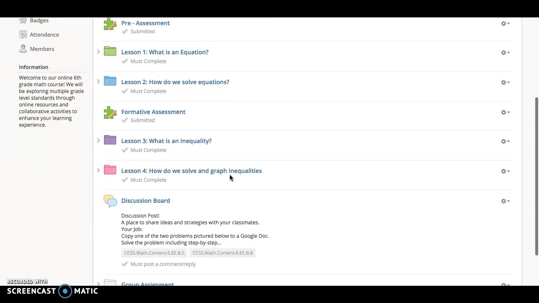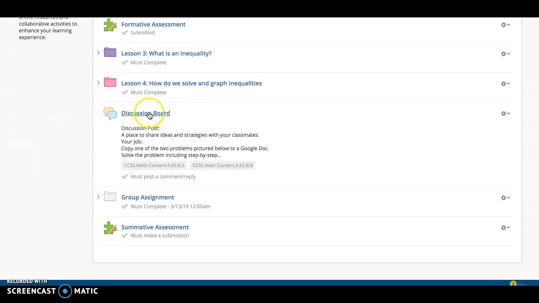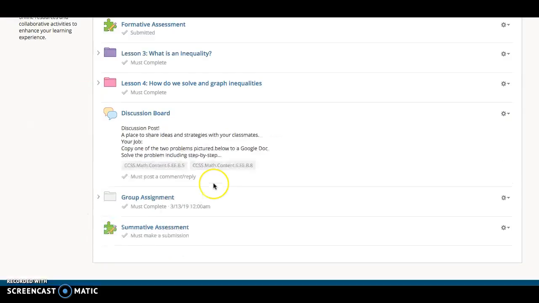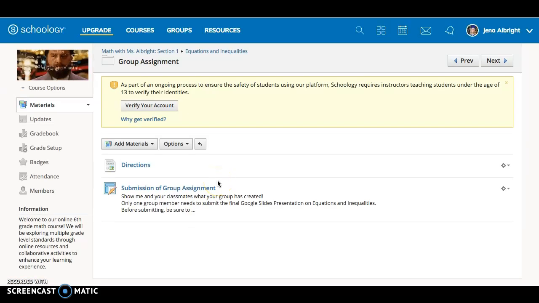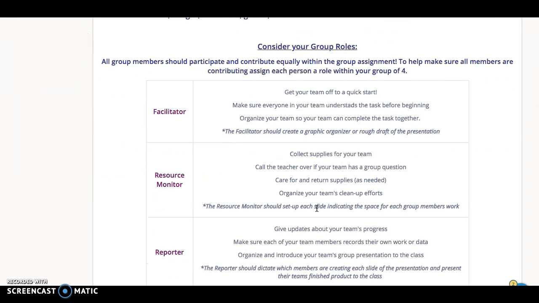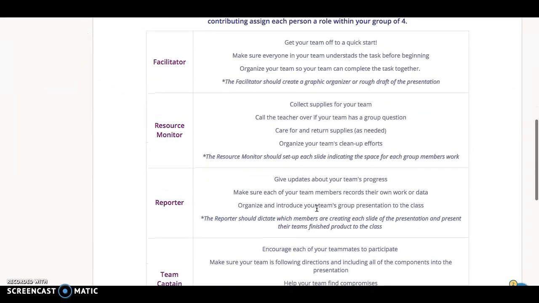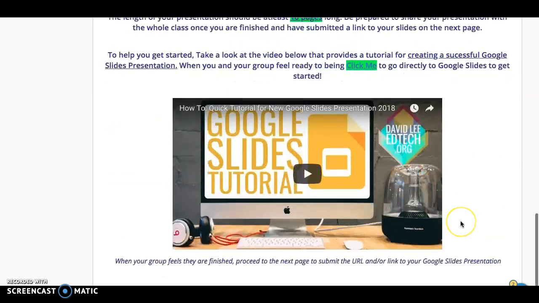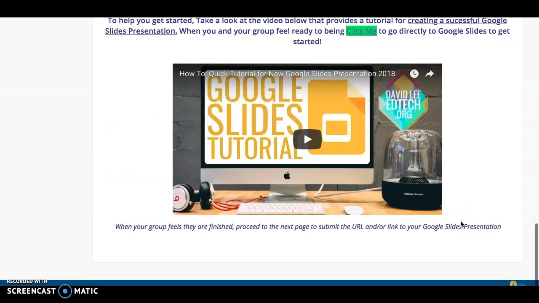Alright, last couple things. We have our discussion board post. And our group assignment. The group assignment, we have our directions labeled here with our group roles. This is asking students to create a Google Slides presentation that they will be sharing with the class on an overview of what they've learned with equations and inequalities.